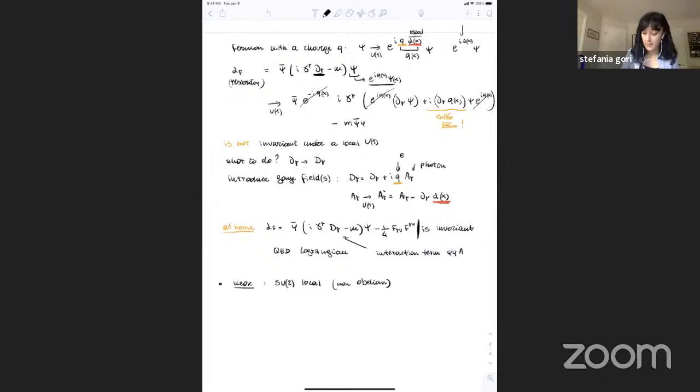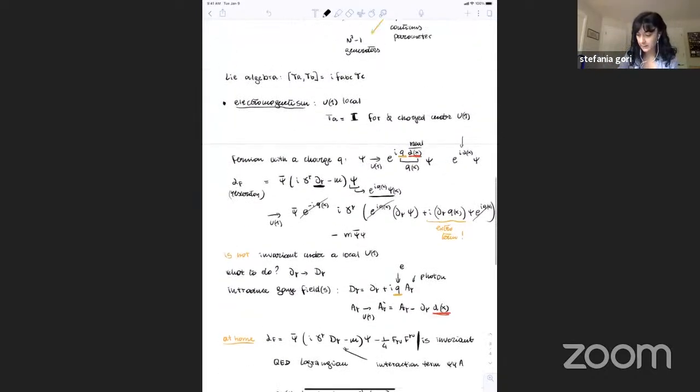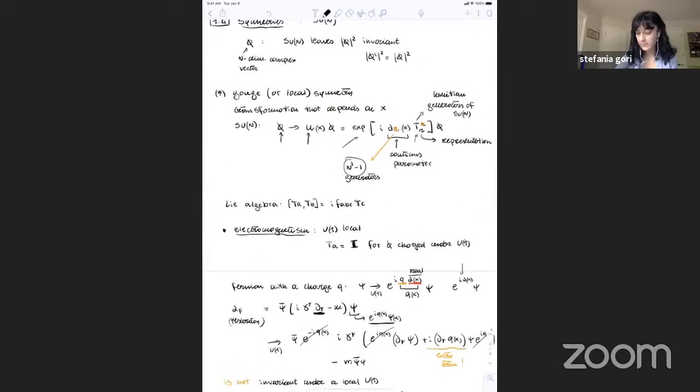Okay, very good. So the weak interactions are well described by an SU2 local symmetry, and then we have to understand what the generators T^A are. We have learned at the beginning that we have N squared minus 1 generators for SU(N).